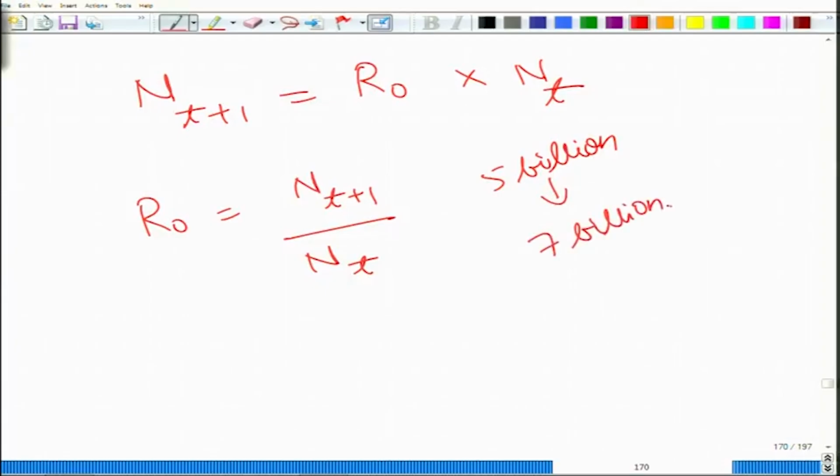So, in one generation it has increased from 5 billion to 7 billion. So, r naught will be given by 7 divided by 5. Now, if r naught is greater than 1, then the population is increasing. If r naught is less than 1, then the population is reducing, and if r naught is equal to 1, then the population is constant.